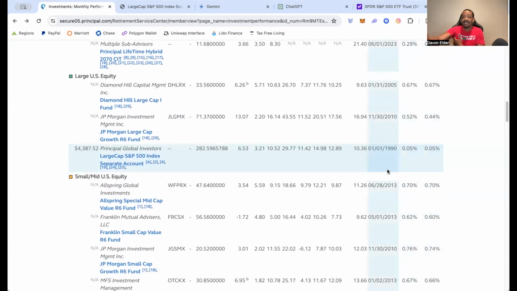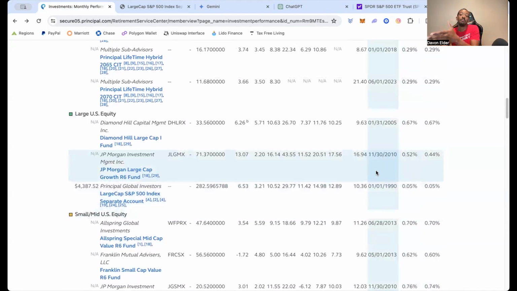You may have access. For example, if you are a Vanguard holder and Vanguard is your custodian, that's great, hats off to you. I'm glad that you have access to Vanguard, because when you do, you have access to a wide array of their funds, so you may be able to find better value in other places and still have that low expense ratio.